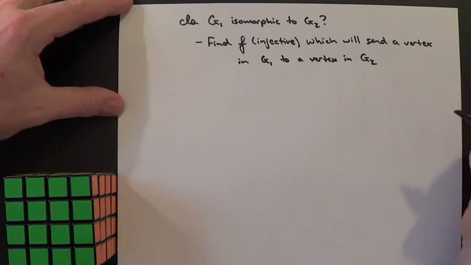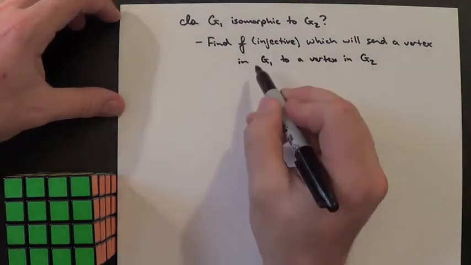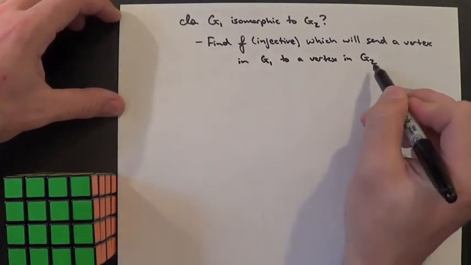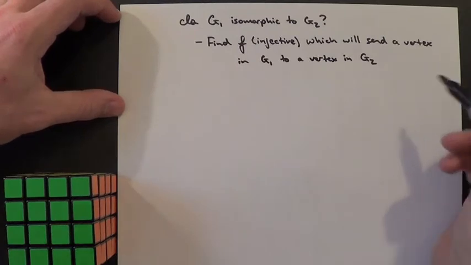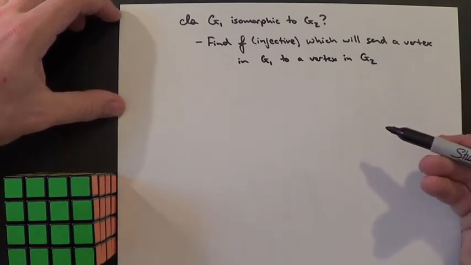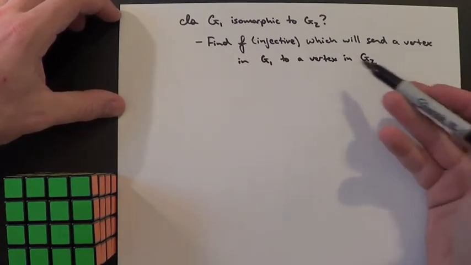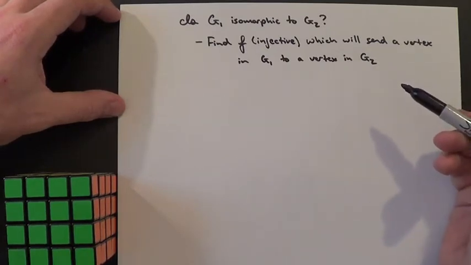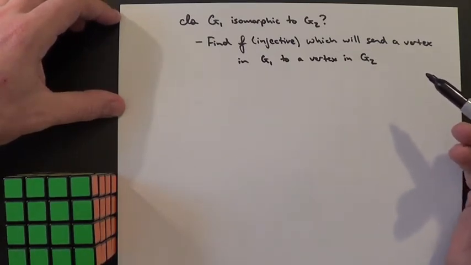And of course it has to be injective, so it can send a vertex over here to exactly one vertex over here. If G2, for example, had more vertices or less vertices than G1, obviously we can show that it's not isomorphic pretty quickly.